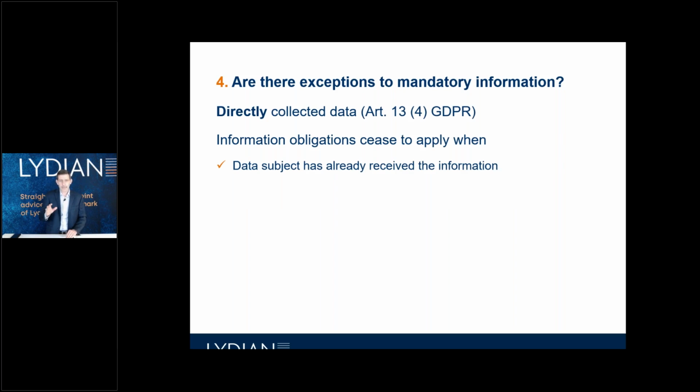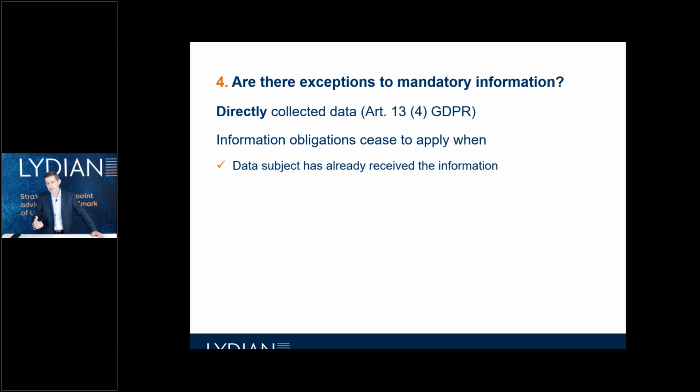Well, as regards Article 13 of the GDPR, the situation where you collect data directly from the data subject, it is clear there is only one exception to not providing the information, and that one exception is where the information has already been received by the data subject.